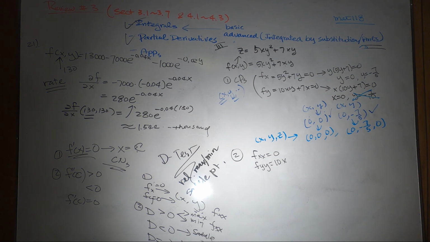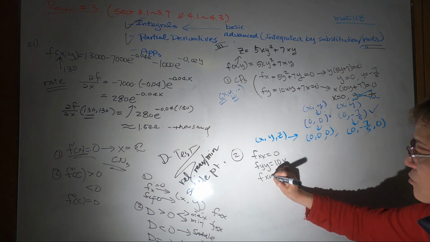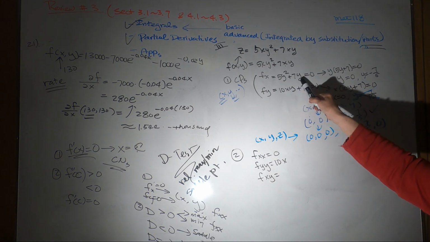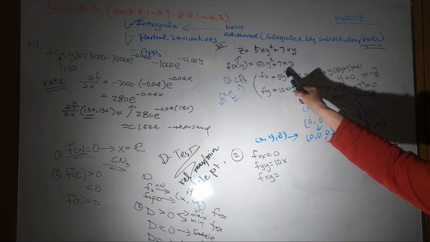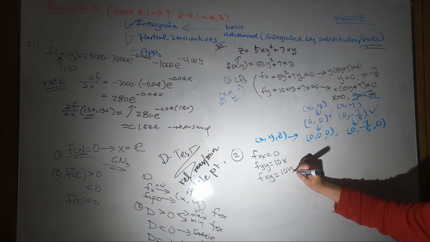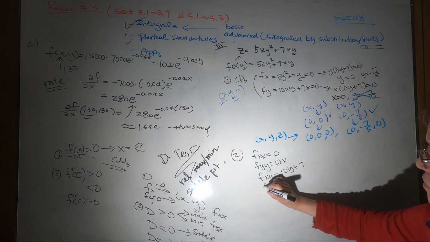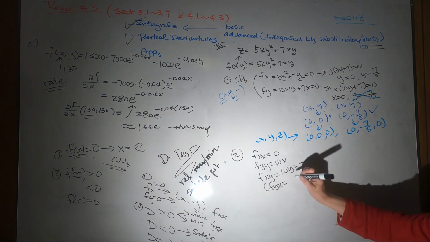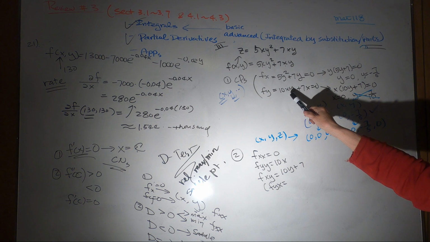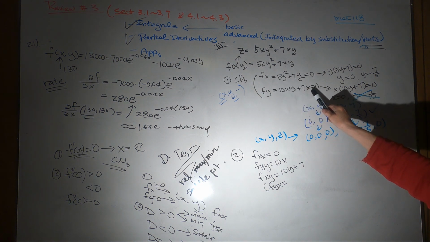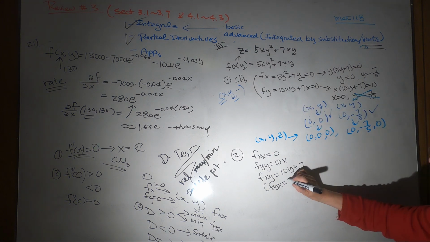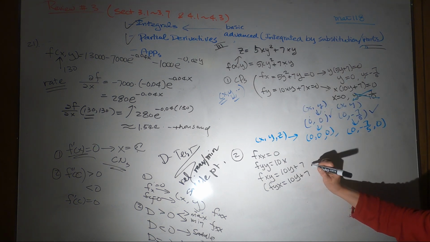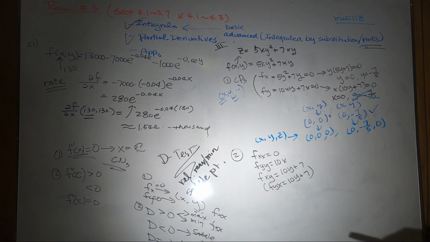Right? Then we do our f_xy. f_x is this, then take the derivative with respect to y, that would be 10y plus 7. Or we do f_yx. f_y is this, then take the derivative with respect to x. That would be 10y plus 7. Still the same. Okay, they are usually the same.